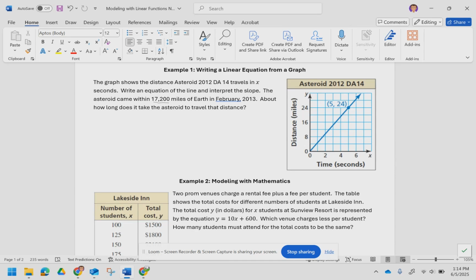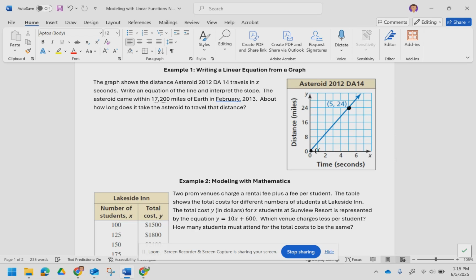Okay, so let's see what information we have here. Well, we have 1 point. They didn't actually tell us the slope, but we could use this graph in order to find the slope pretty easily, because after 0 seconds, it moved 0 feet.